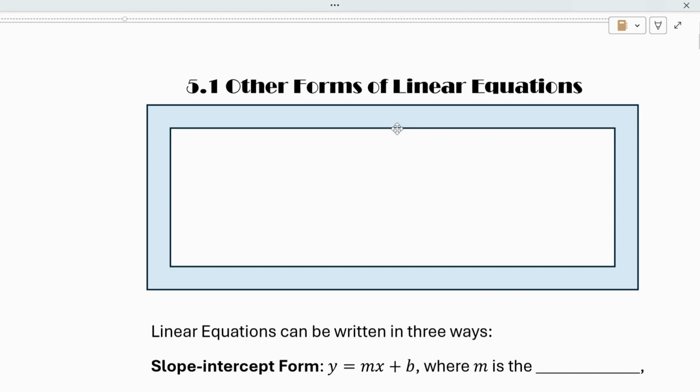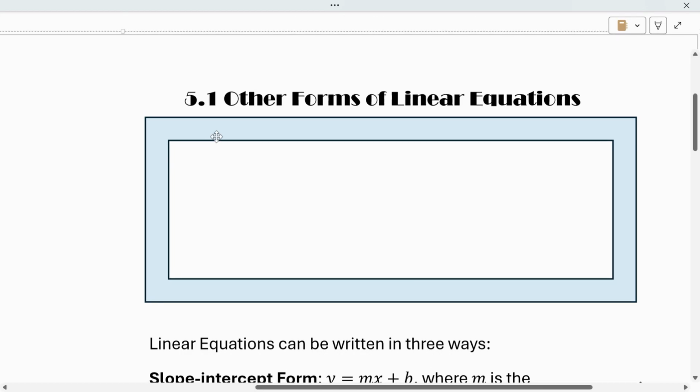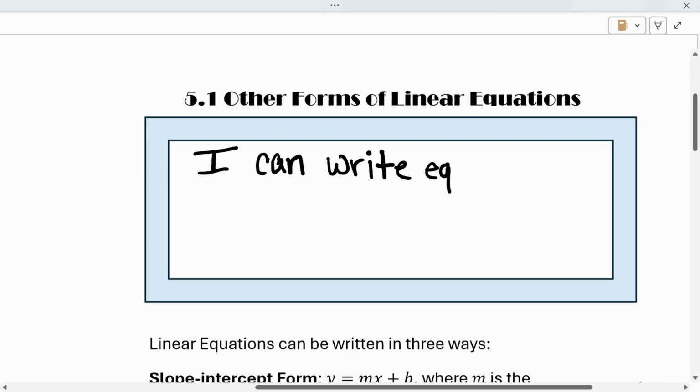So, our I can statement, you guys just hopefully glued those into your journal. I can write equations in standard form and point slope form.